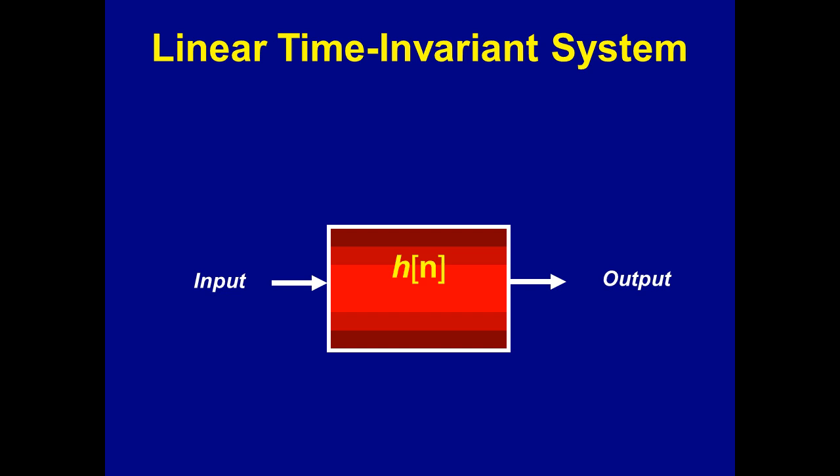And if we're going to do convolution, we need convolution with an impulse response, just like we did in continuous time systems. Except the impulse response for a discrete time system is actually a rather unusual little fellow.